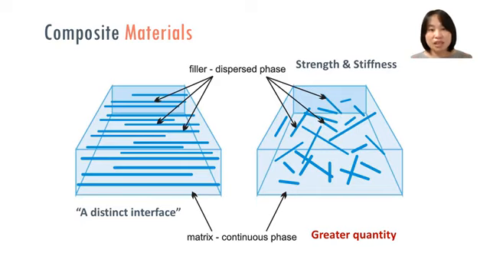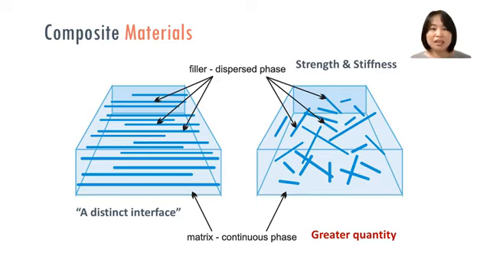They disperse in a matrix or continuous phase. And this continuous phase has greater quantity, okay? And then this fiber or filler, we put it in there to make this whole composite stronger and stiffer, right?